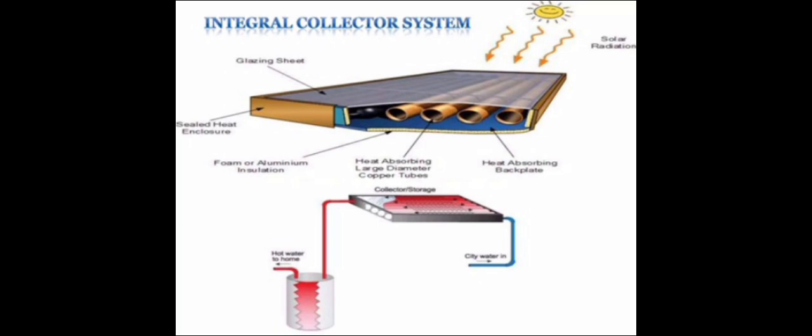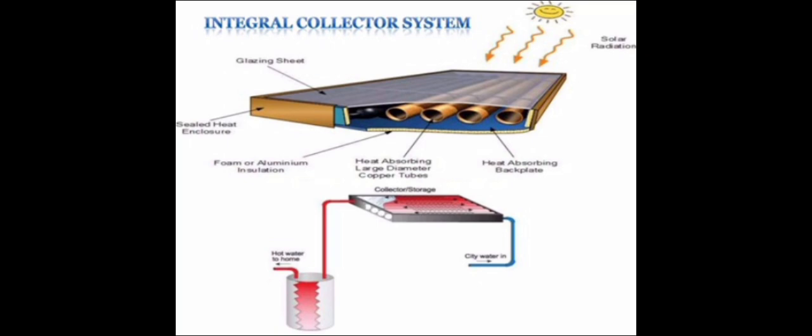The flat plate system normally operates and reaches the maximum efficiency within the temperature range from 30 degrees Celsius to 80 degrees Celsius. However, some new types of collectors that employ vacuum insulation can achieve higher temperatures up to 100 degrees Celsius.